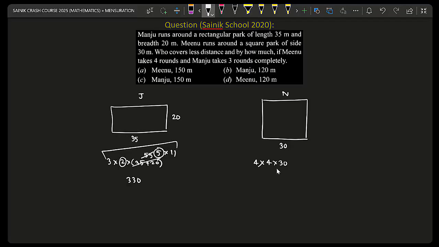And here also, can you prepare any 2s and 5s in this? Sir, how to prepare 5 from this 30? 5 into which number will give you 30?